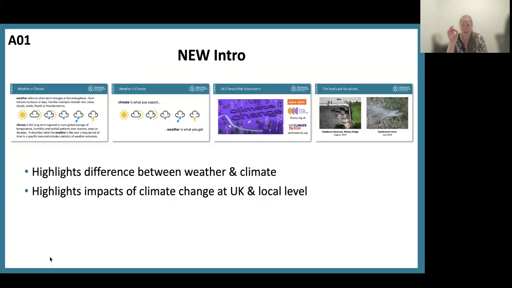This is largely to address the fact that it was made back in 2019, and everyone goes, oh, but isn't it dated? Well, it is, but only because the message has got worse. The story arc and key take-homes are still absolutely valid, but we have opted to top and tail it this time around. So there's a new intro, to make sure that we're building those links to impacts at the UK and local level.